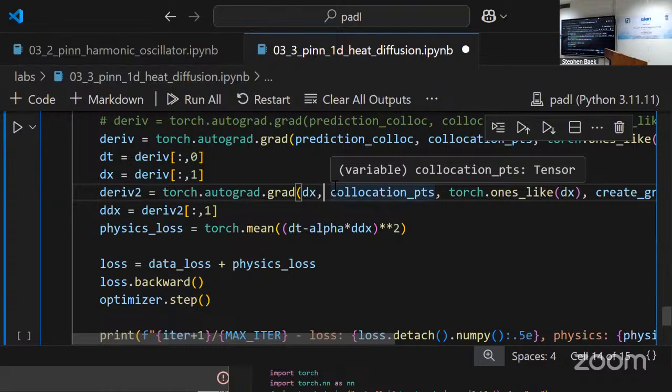The first term of the Jacobian is going to be the derivative with respect to t, the second derivative of u with respect to x and then with respect to t, which is going to be the first output of derivative 2. The second output is going to be the derivative of this guy with respect to x again, which is d2u/dx2. In our case, we only need d2u/dx2. We don't need the mixed dt dx term. That's why we're extracting the second element of the second derivative.